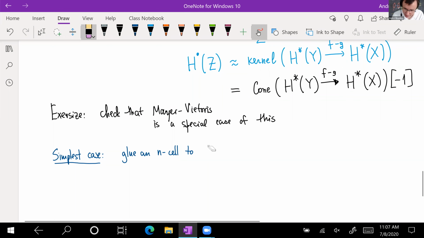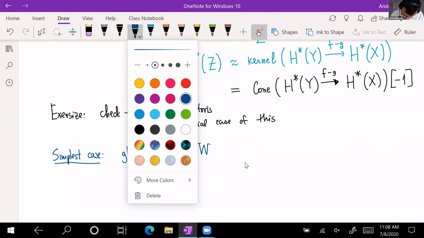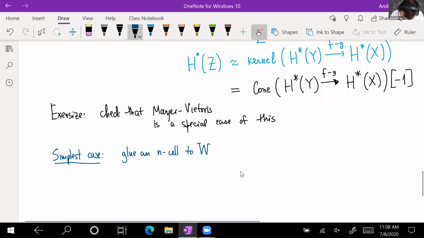We already have X and Y, so maybe the space is Z, or maybe W. Then we take as X the (n minus 1)-dimensional sphere.